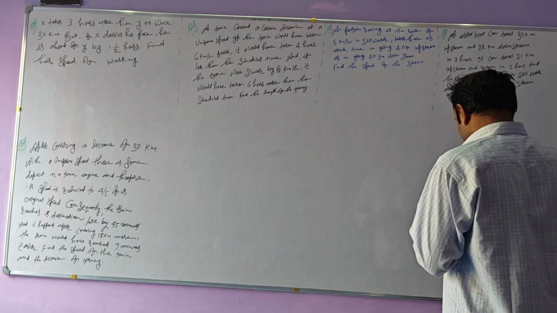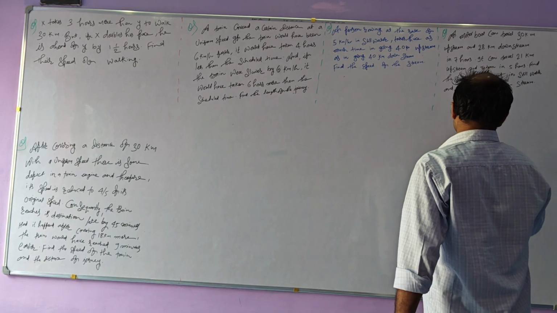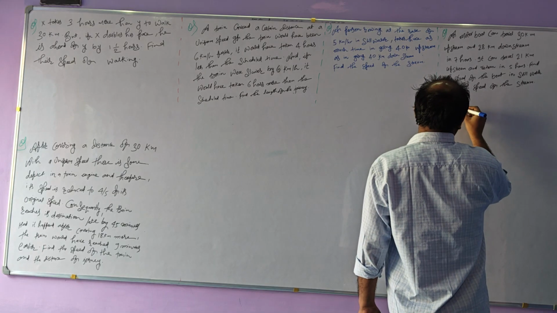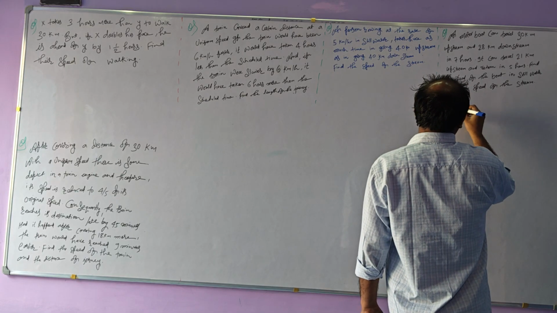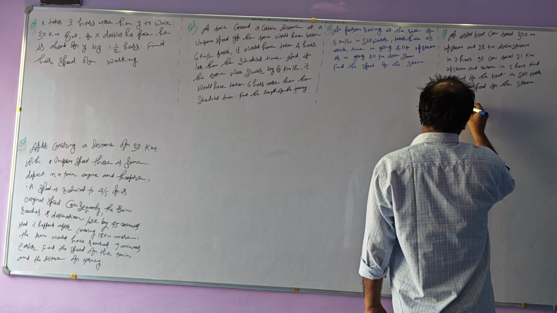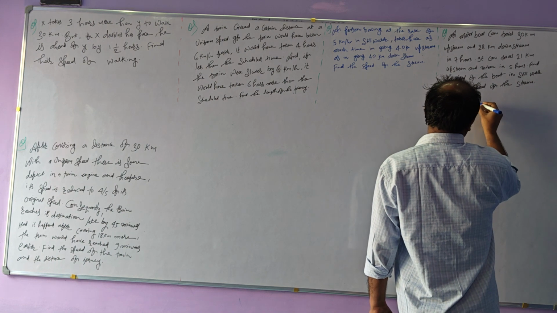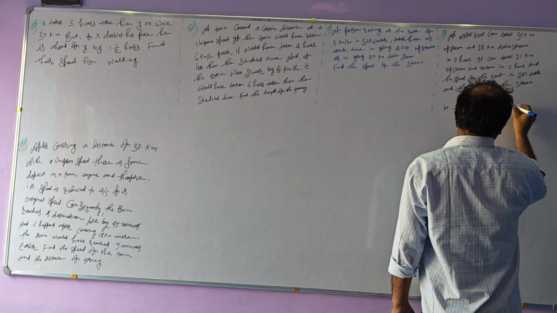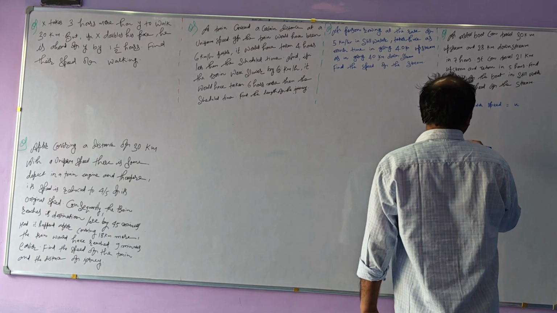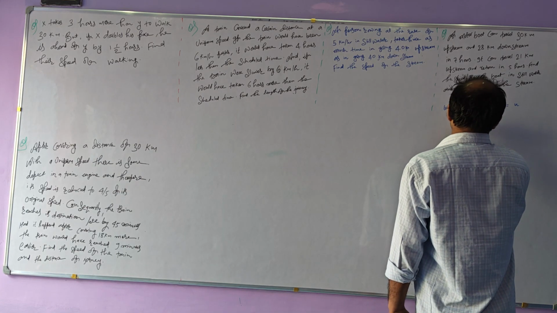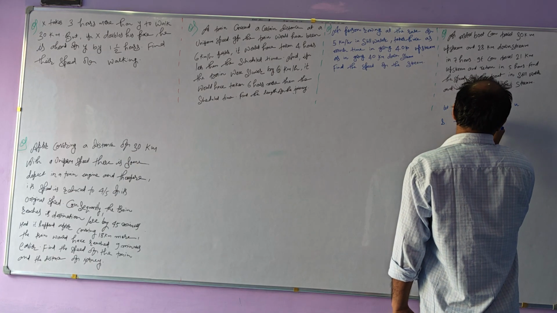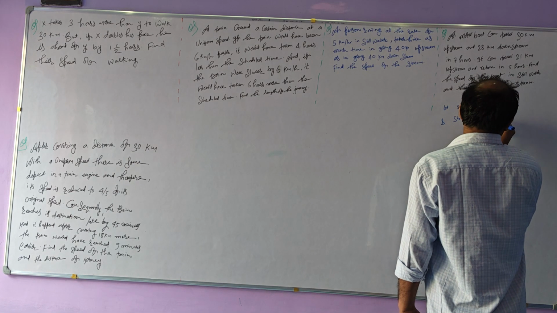Firstly, we consider: let still water speed be equal to u, and stream speed be equal to v.